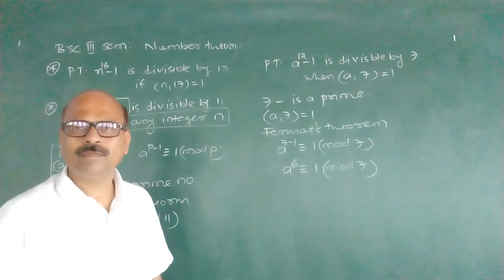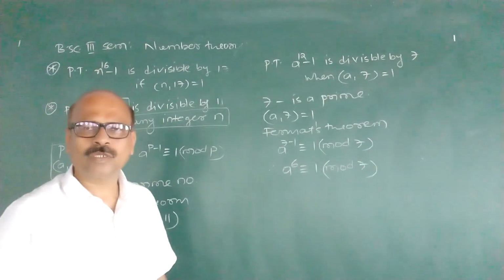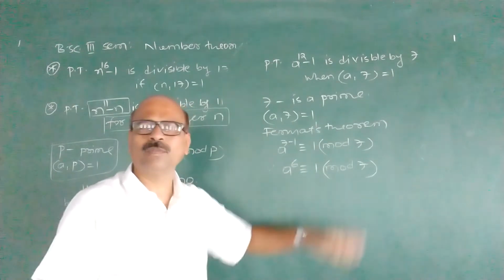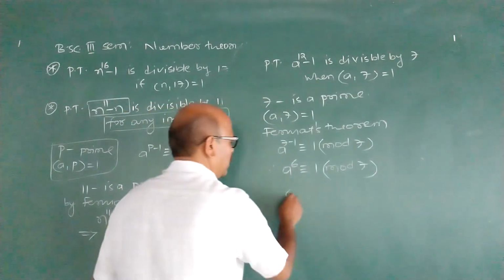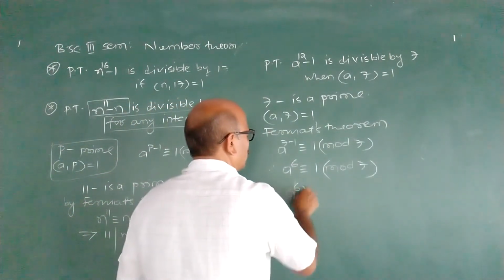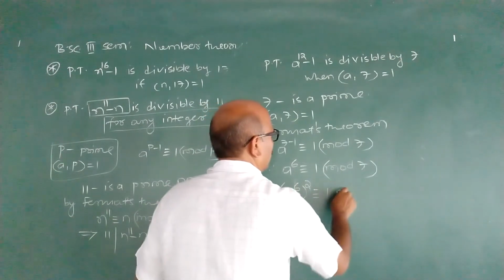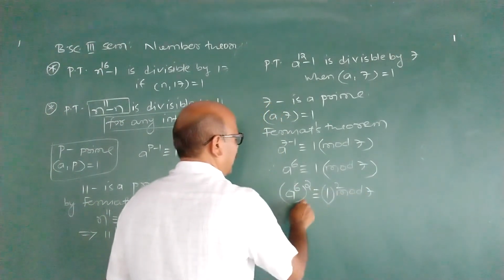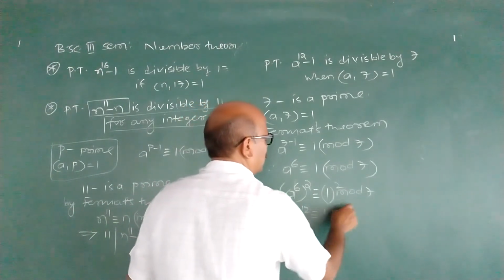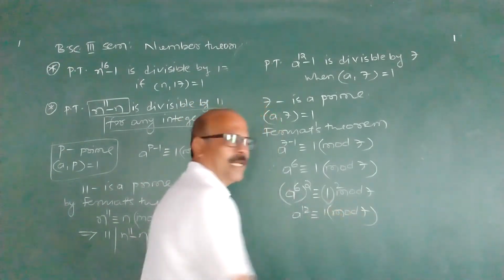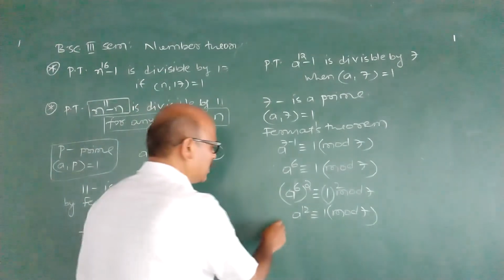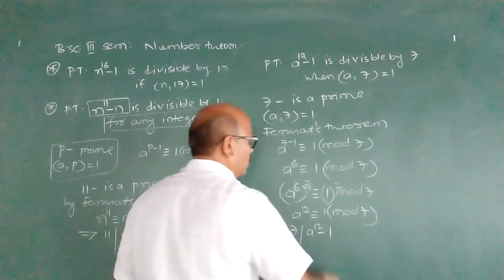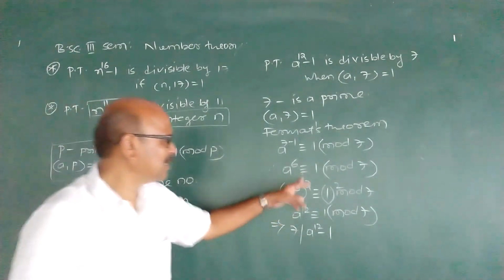How do you get that one? Properties of congruences: in congruence modulo m we can raise both sides to any positive integer power. So a raised to 6, squared, is congruent to 1 squared mod 7. a raised to 12 is congruent to 1 mod 7. This implies 7 divides a raised to 12 minus 1. Only this is the extra step.